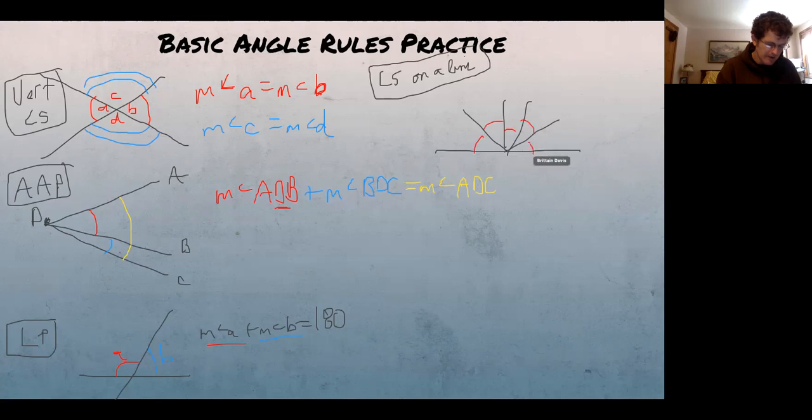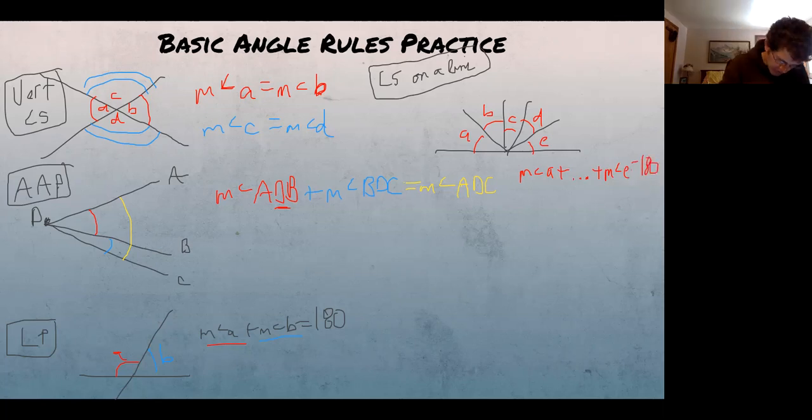So I've got A, B, C, D, and E. All of these angles, I can say measure of angle A plus ... plus the measure of angle E. So that means basically all those angles added up will equal 180 degrees because they're all creating a line. I'm trying to draw the degrees. Doesn't want to work for me. Okay, it's too close to the edge. It won't let me mark the degrees. But all those angles add up to 180 degrees.